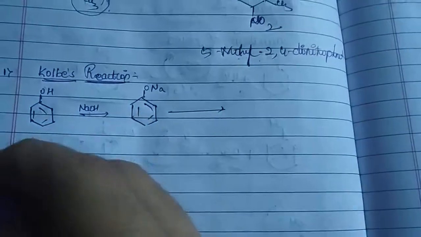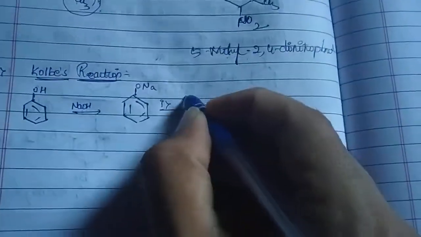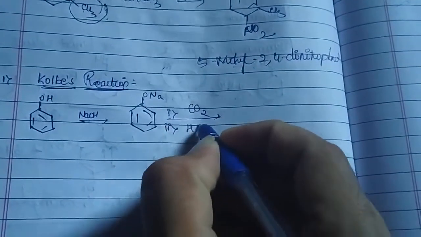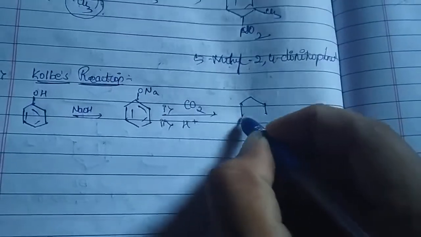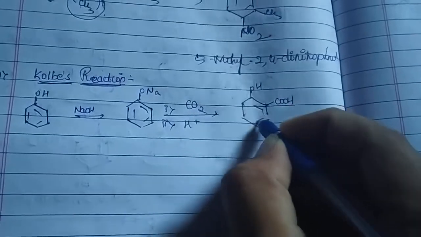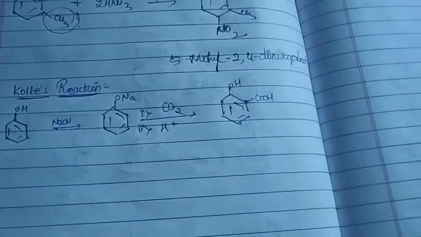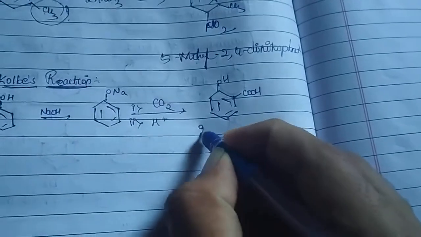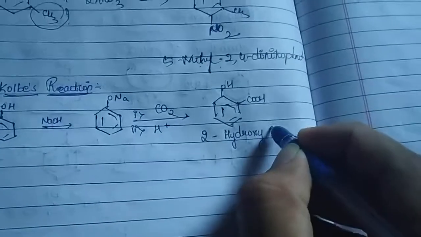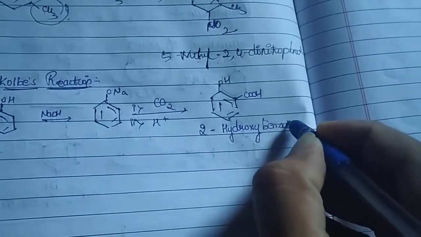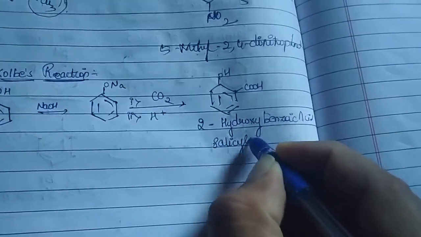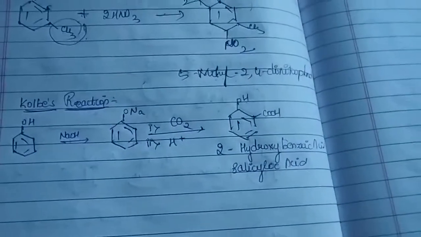Then treating the sodium phenoxide with carbon dioxide, and on acidification, you will get salicylic acid. What would be its IUPAC name? 2-hydroxybenzoic acid, or it is also called salicylic acid. This is only according to your syllabus.